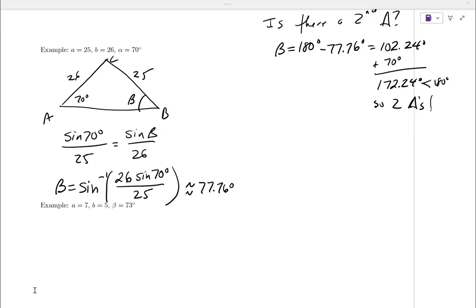Okay. So the best way I can tell you to do those particular ones is take it a step at a time. Don't try to do it all at once. If you've got inverse sine of 5 pi over 6, figure out what sine of 5 pi over 6 is first.